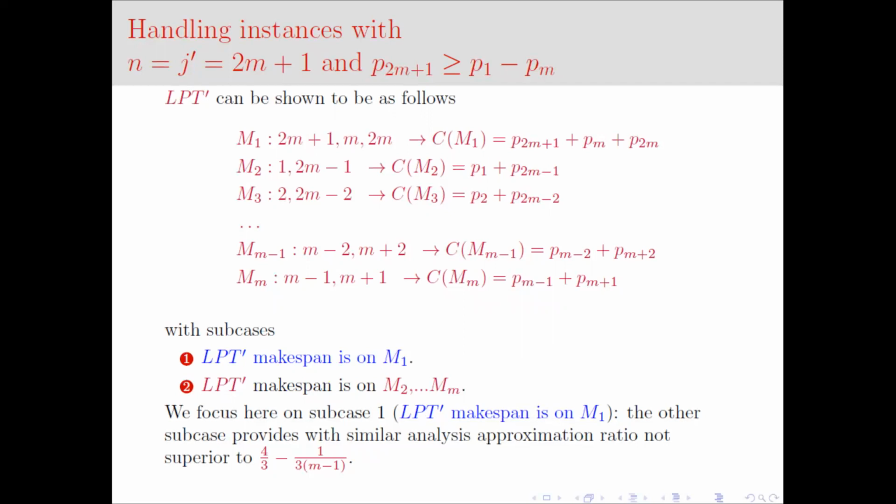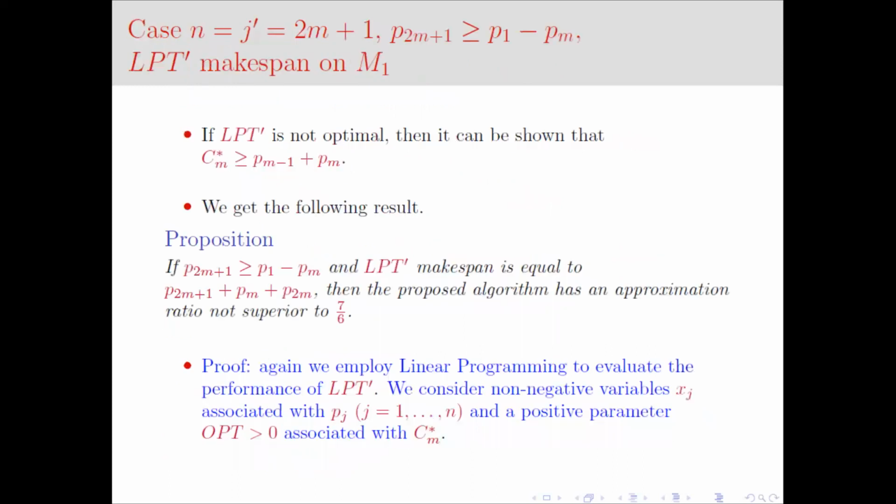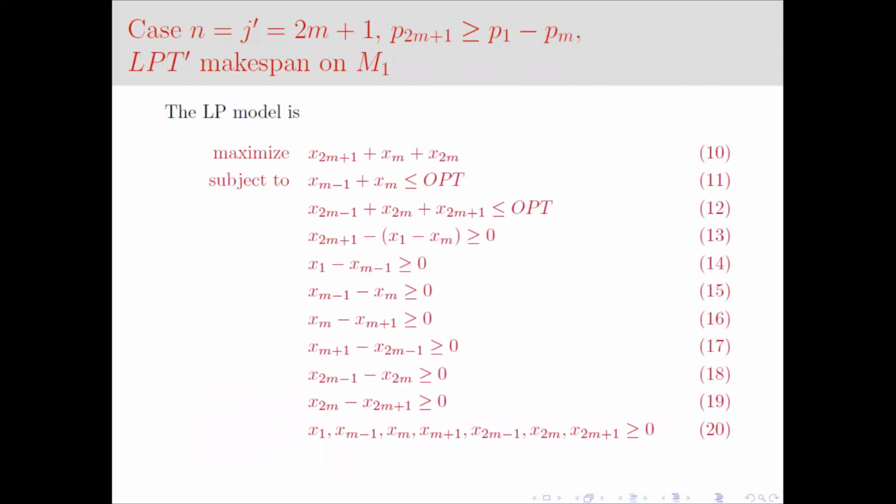So, well, let me skip this. The only thing which was important in this case is that we could manage to show that for that very particular case, we were reaching a ratio equal to 7/6, which is indeed what we're looking for. It is much better than 4/3 minus 1 divided by 3m, by using a linear programming formulation where, if you look at this formulation, the number of variables is very limited.